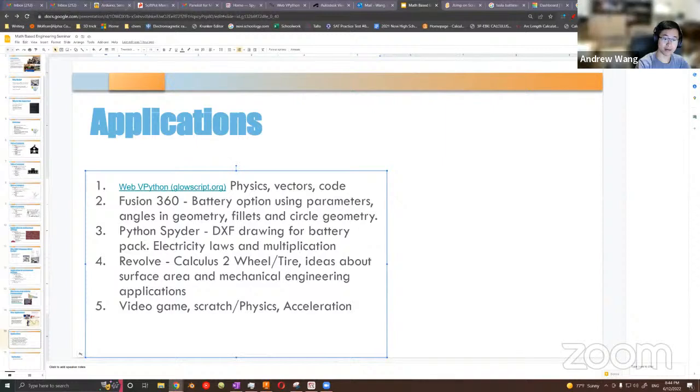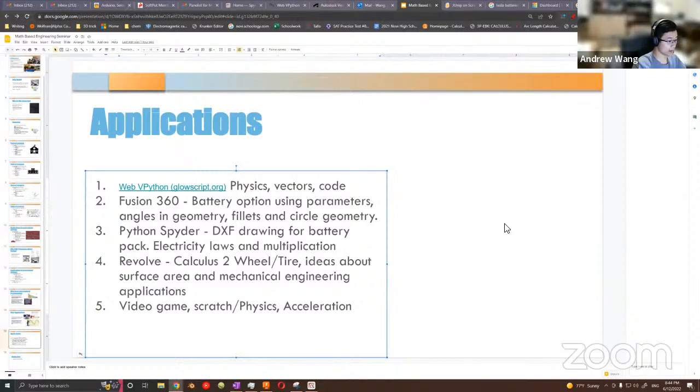Is there a project that you have done that you want some kind of math explanation for, or something that you can involve math in? All right, so it doesn't look like it.